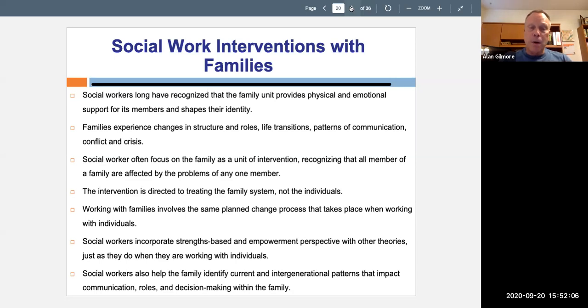And I think it's quite interesting, but it does come down to this more often than not: when you're looking at challenges that families are having in functioning successfully, it's going to have something to do with communication, maybe something to do with roles, a role expectation, things that we think dad should be doing that he's not doing, things that mom is doing that we don't think she should be doing. And there can always be challenges and friction in terms of decision-making within a family.